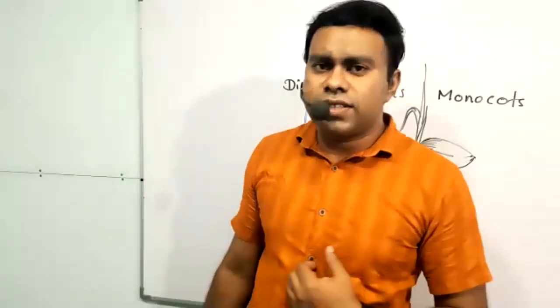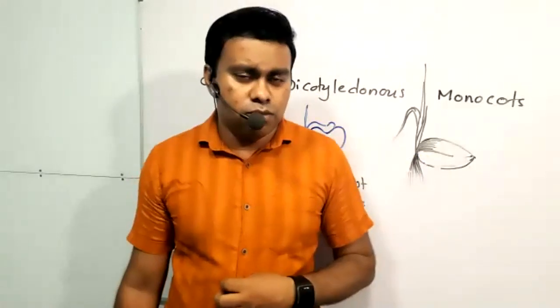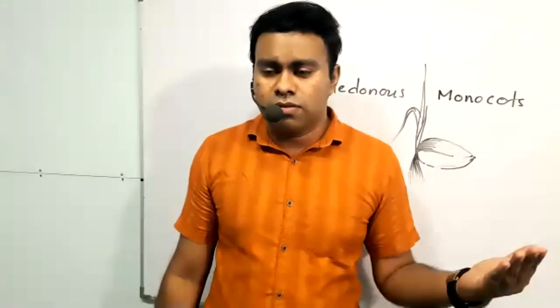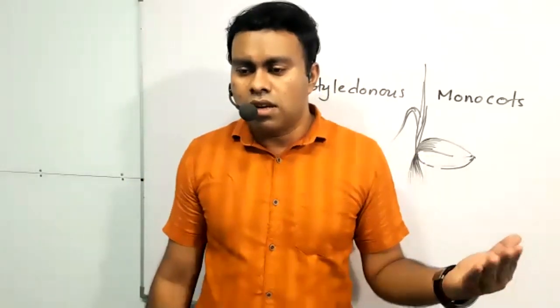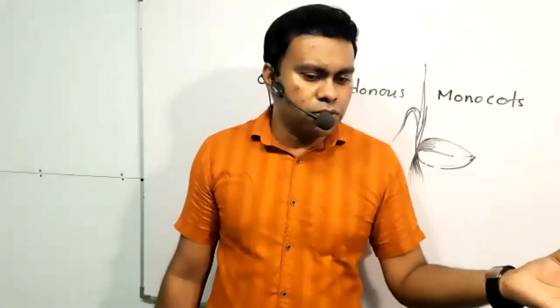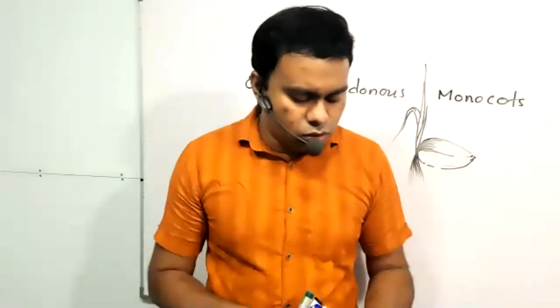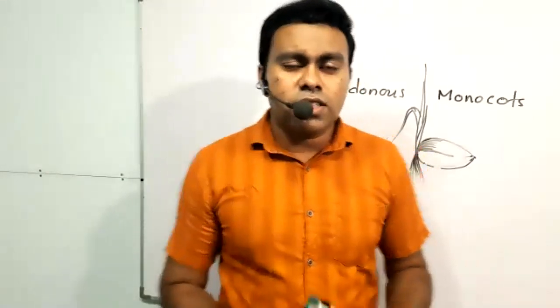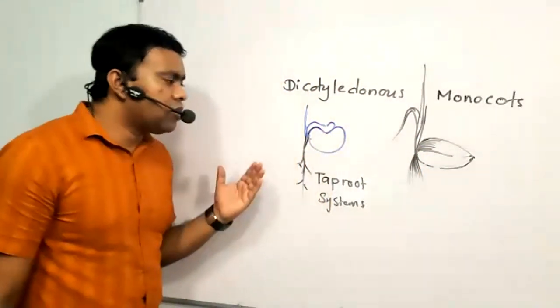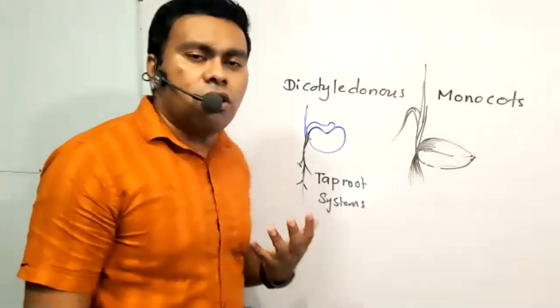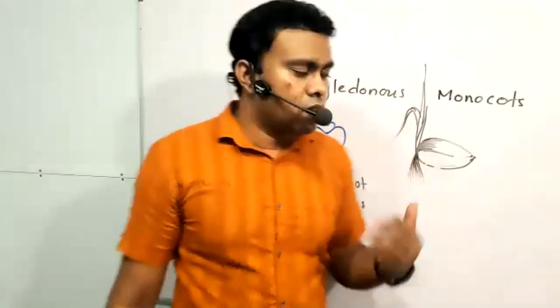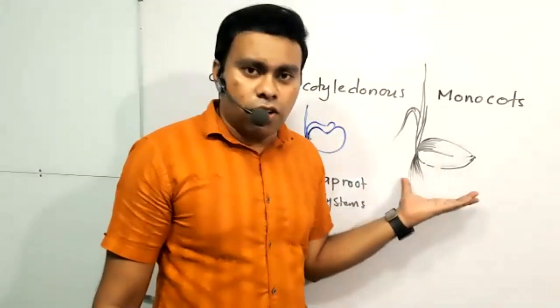What are the characteristics we consider as morphological features? Nature of the leaves, nature of the roots, nature of the stem. Those are the things to be considered, so that's known as the morphology. According to the diversity of morphological features, plant diversity occurs.